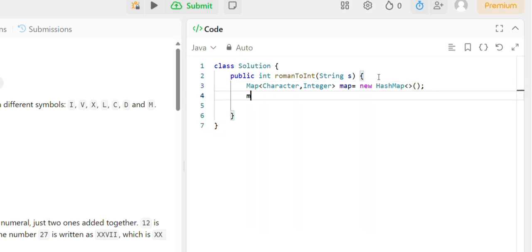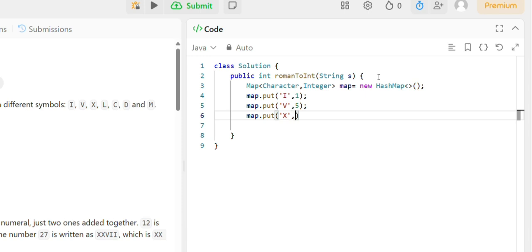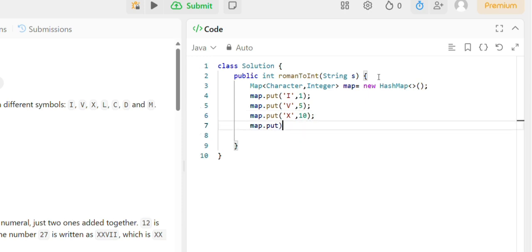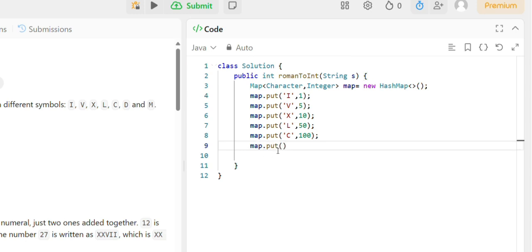I'm going to put all of them into my hash map: map.put of I, 1; map.put of V, 5; map.put of X, 10; after X we have L, 50; map.put of C, 100; map.put of D, 500; and map.put of M, 1000.